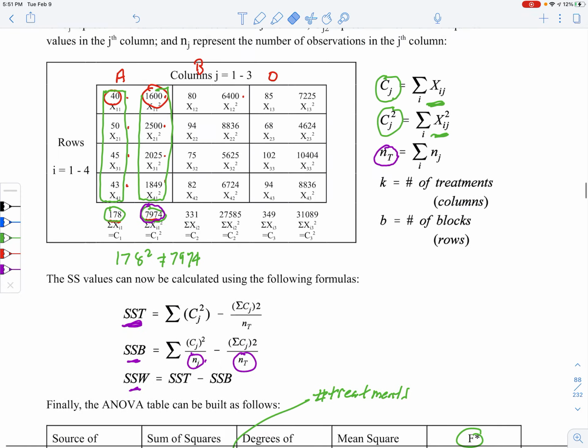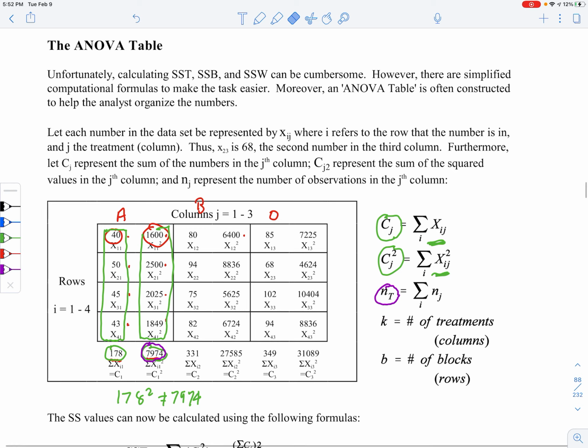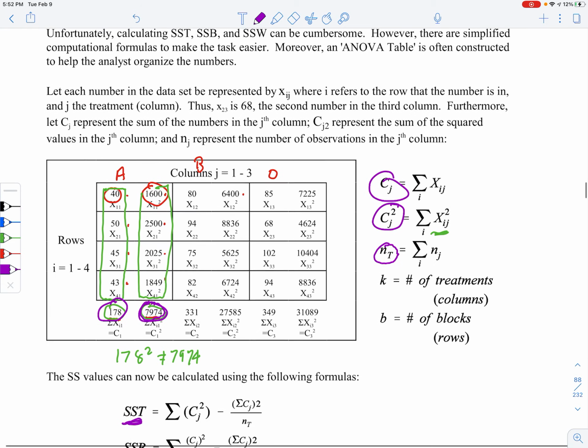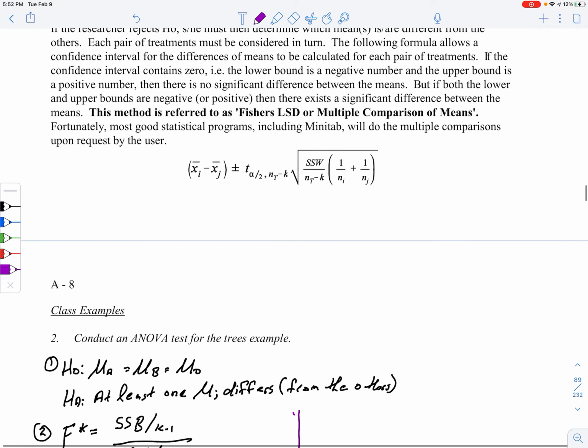Let's go back up here, and we're going to take a look at this table right here. Okay, and we've got these guys here. So the Cj's are these guys right here, and then the C squared j's are these guys right here. And I'm just going to put those down here.